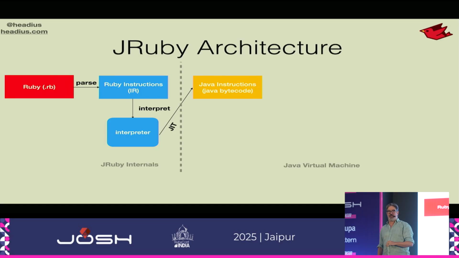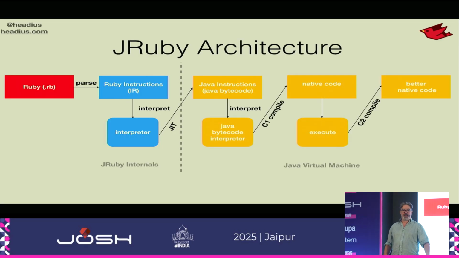We turn it into JVM bytecode. And the JVM does the same thing. The JVM interprets that bytecode for a while, and then it does its own optimization, and eventually turns it into fast native code. JRuby had the first native compiler for Ruby in the entire world in 2008.